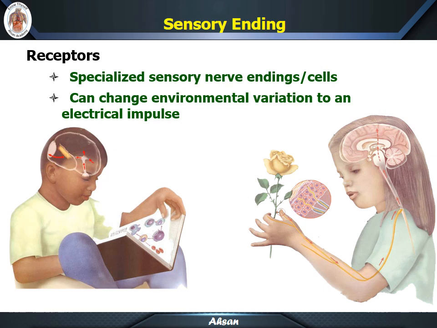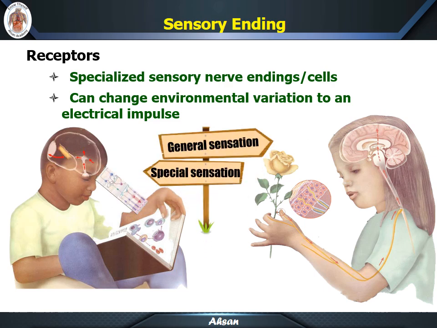These receptors may spread all over the body or different parts of the body, or may be localized to some organs only. So depending on that, the sensation may be generalized or special sensation.